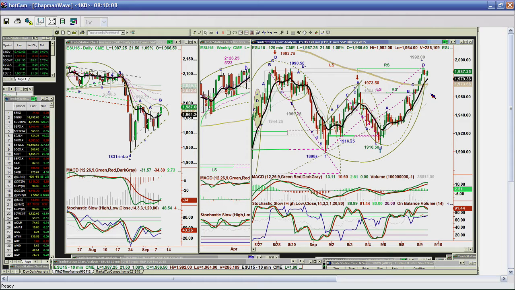And in the context of the Chapman wave methodology, let me just pull this back a little bit. This is a 120-minute chart.